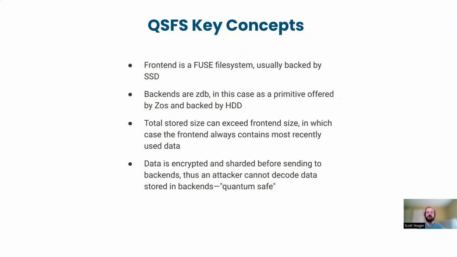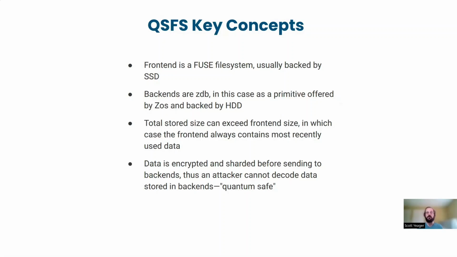All right, so our backends are ZDBs, and in this case, we're using a primitive offered by ZOS. These ZDBs are backed by HDD hard disk. You can supply your own ZDBs, and those could be backed in theory by solid-state disk. But this is the most economical way to do it, both because hard disks are cheap and also because when we use the primitive from ZOS, we only need to reserve that hard disk space.